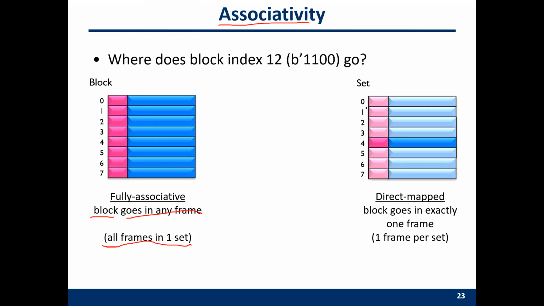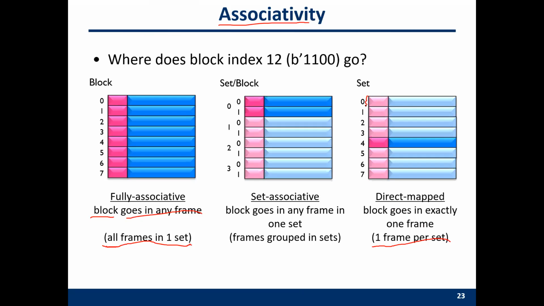But for the direct mapped cache, each block can only go to exactly one frame. Each cache line can only go to exactly one cache location. So this is so-called one frame per set. One line here, one cache location here, is one set.